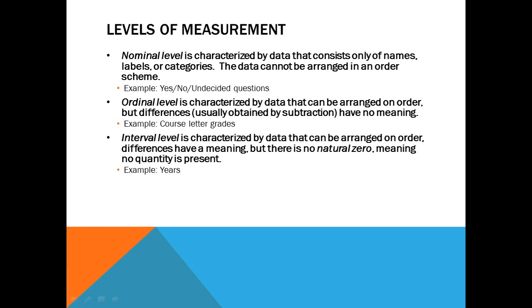The interval level is when you can arrange stuff in order and differences have a meaning, but there's no natural 0 point, or there's no way to ever express 0. For example, when we're talking about different years. If you were doing a study that looked at differences in the number of students taking AP courses from the year 1990 to the year 2013, there's a difference there of 23 years, and that has a meaning.